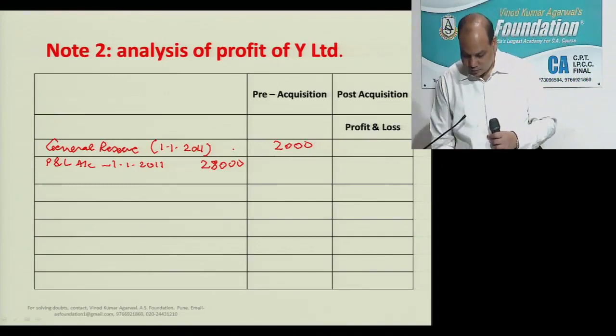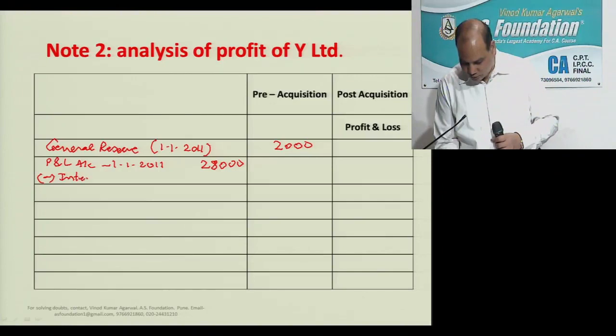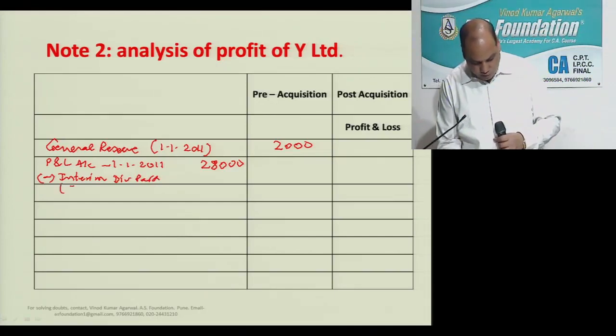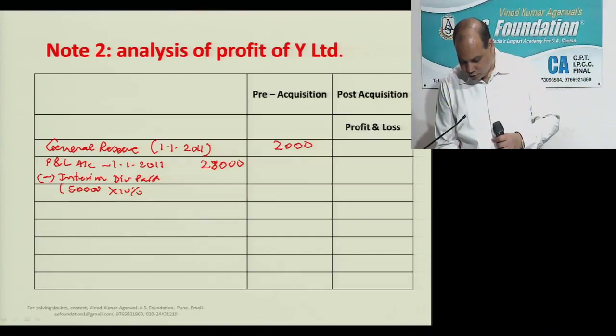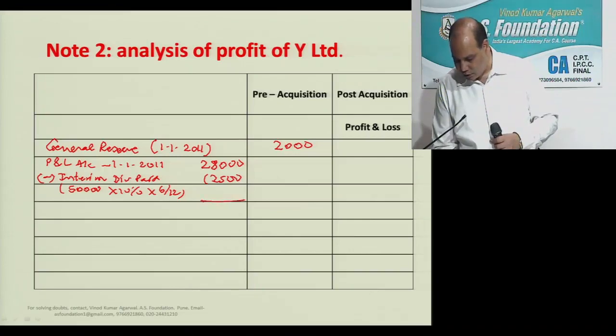Out of that, we paid interim dividend. So interim dividend paid. Calculation also we will write: 50,000 into 10% into 6/12, 2,500.